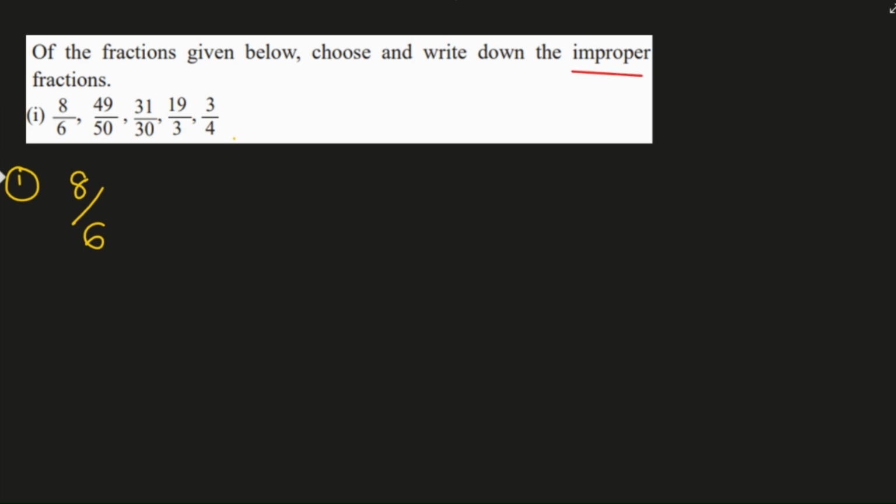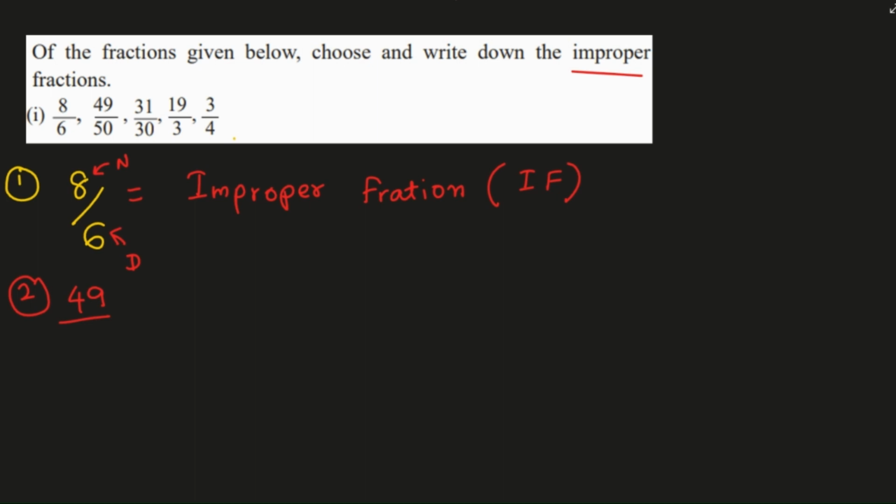So you can see the numerator here, which is 8, and this is the denominator. The numerator is greater than the denominator. So this is an improper fraction. Okay, I will write it as improper fraction. Right. So let's go to the second one. What is it?